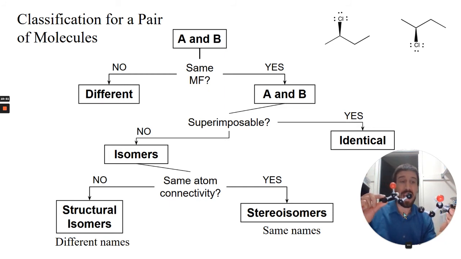That wedge all depends on your frame of reference of the molecule. And when we look at that frame of reference, it can change things. It's the same deal as your hands. So this molecule is chiral. It is not identical to this one. Even though they look incredibly similar, they're different.